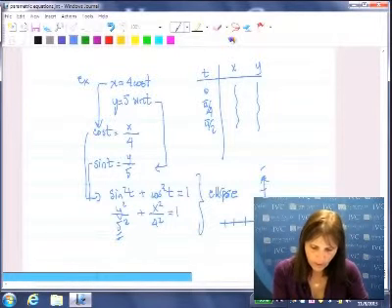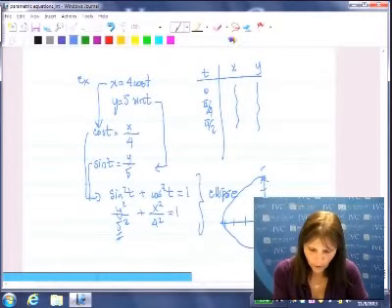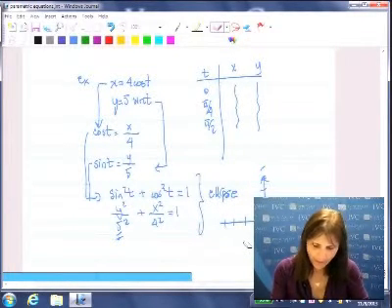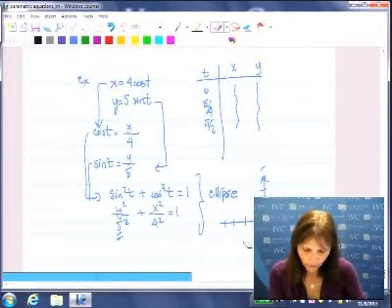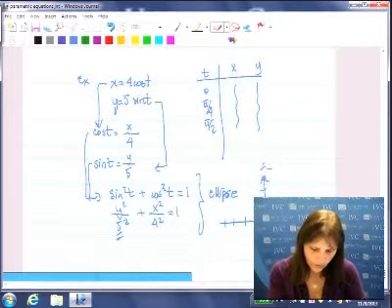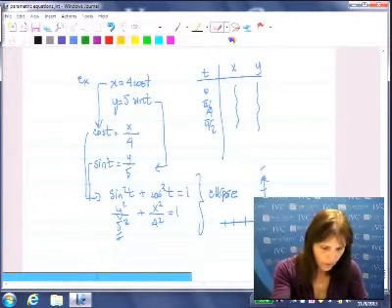Okay, so it's going to be 4 this way and 5 that way. 1, 2, 3, 4, 5. So it's going to be fatter that way. So let's draw it.